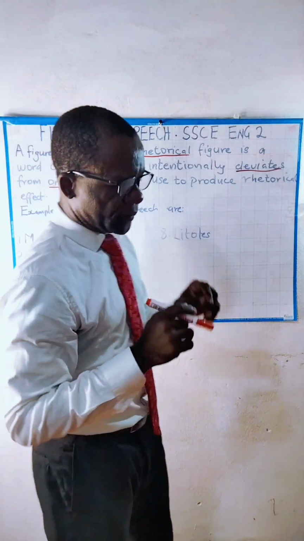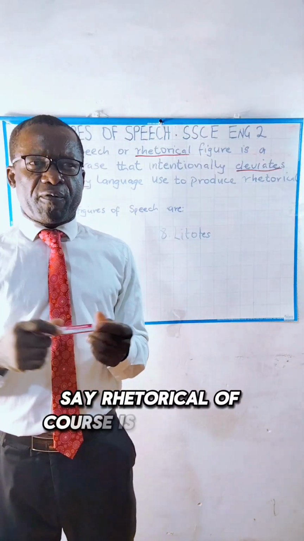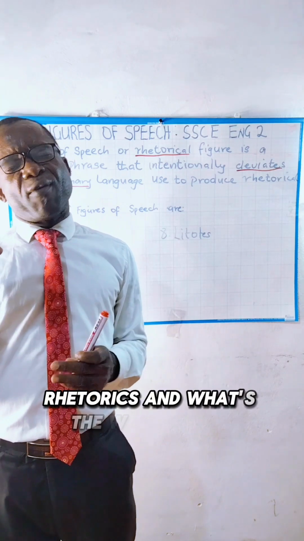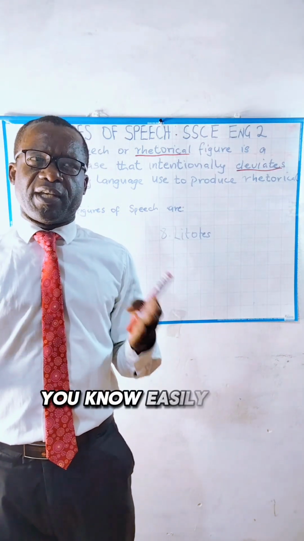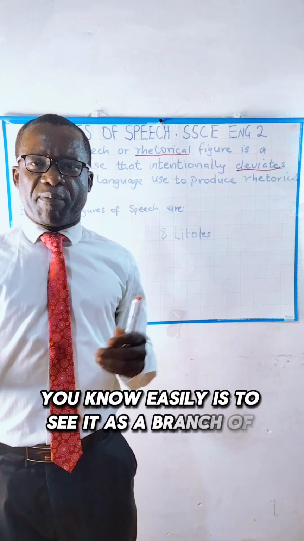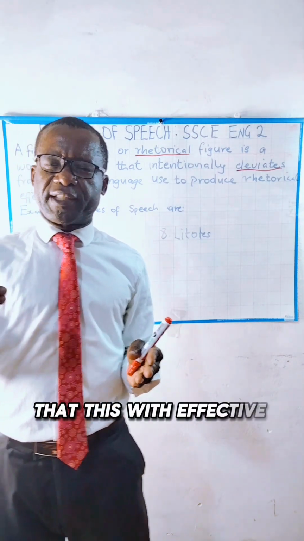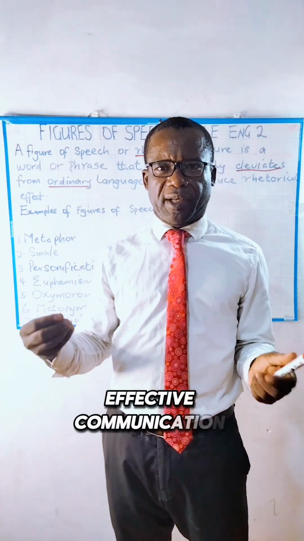Okay? Now, when we say rhetorical, of course, it's from the word rhetoric. The way we can understand it easily is to see it as a branch of knowledge that deals with effective communication in language.